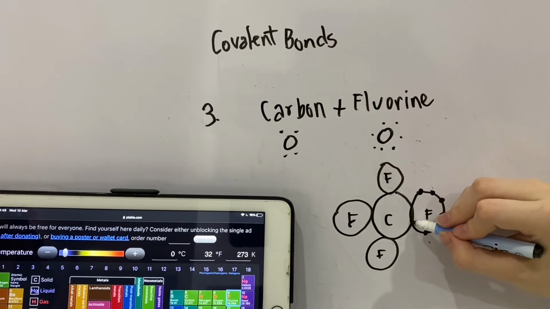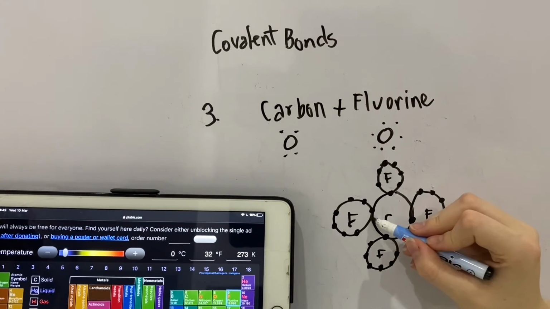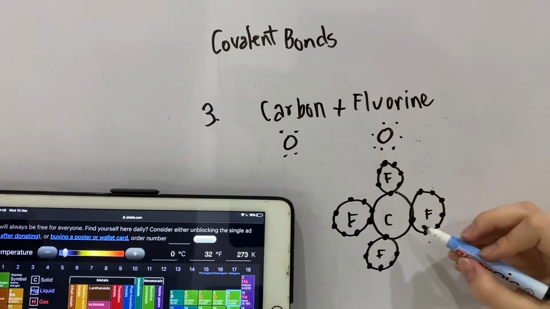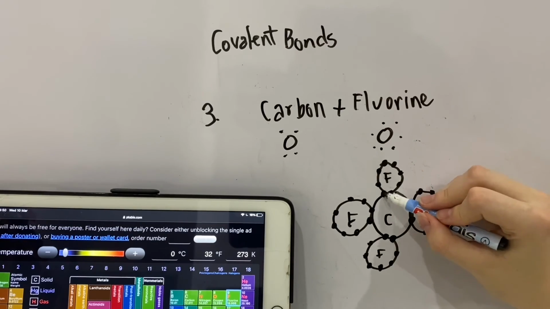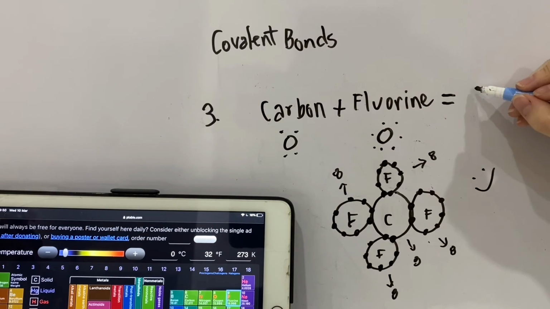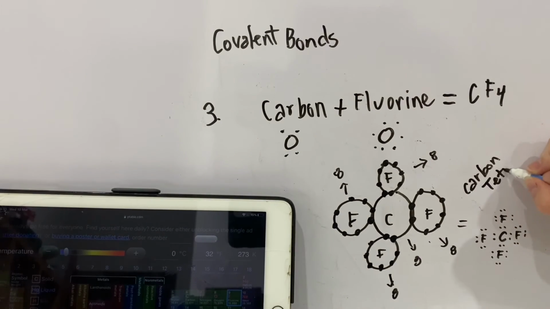This way we will have a visual representation that looks kind of like this, where we add all the fluorines that we need, and we add the shared electrons, which will make up 8 electrons for all the atoms. The formula for this molecule is CF4, and it's called carbon tetrafluoride.